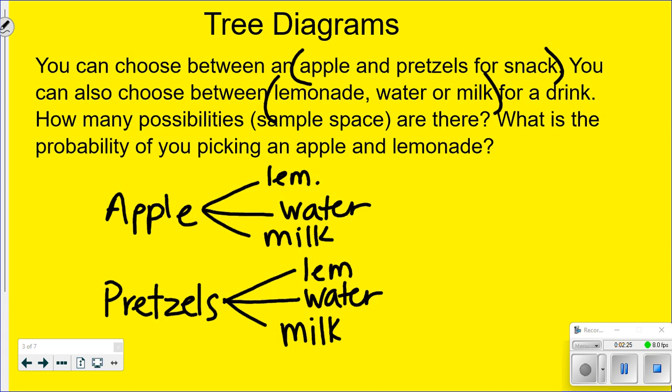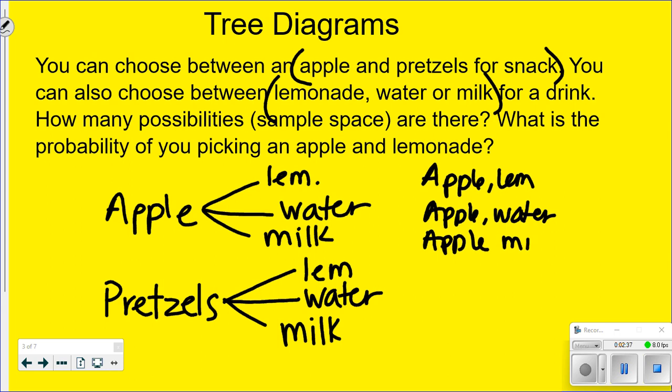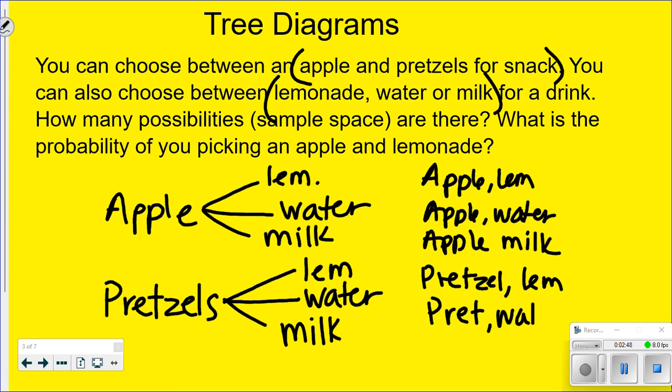So really, to list my sample space, I should do something like this. Apple, lemonade, apple, water. So this is technically my sample space. Apple, milk. We can have pretzels, lemonade, pretzels, and water, and pretzels, and milk.